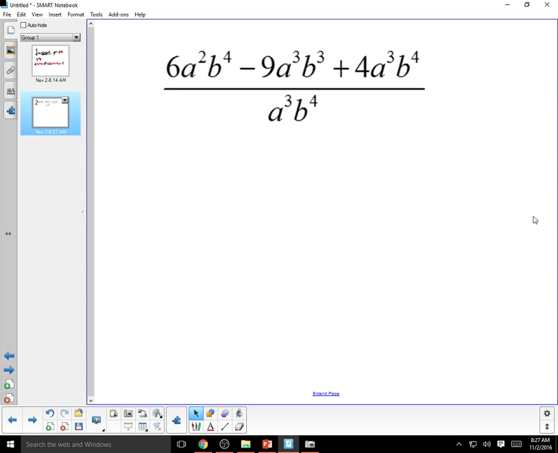So wait, for 6a squared b, since you can cancel out the b, would it just be 6 over a, not 6a over a? Right, because the ones that are left over are on the bottom. Yeah, so it'd just be 6 over a, 9 over b.